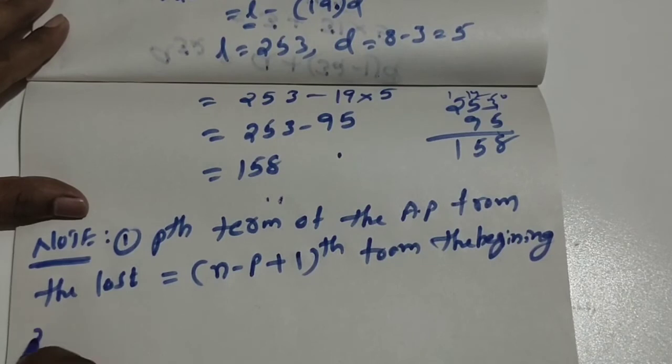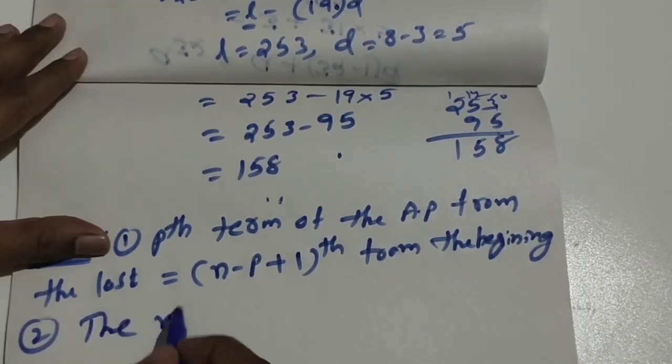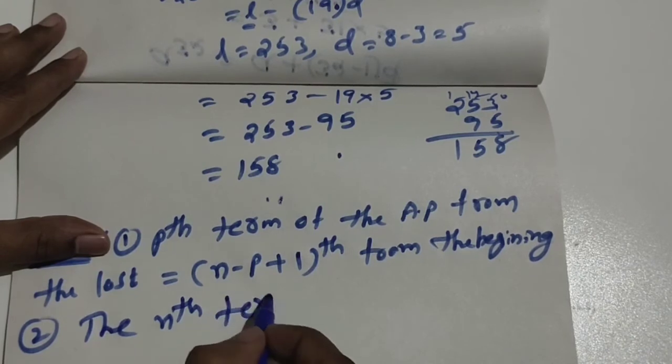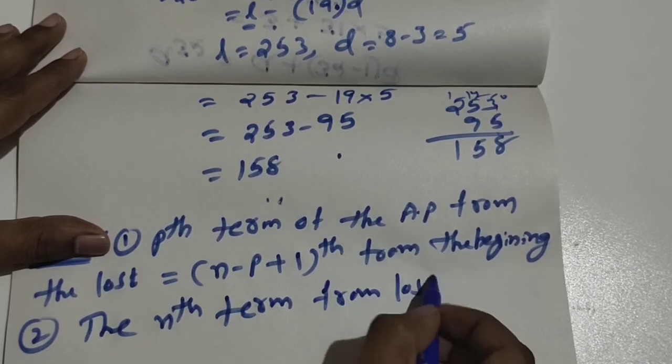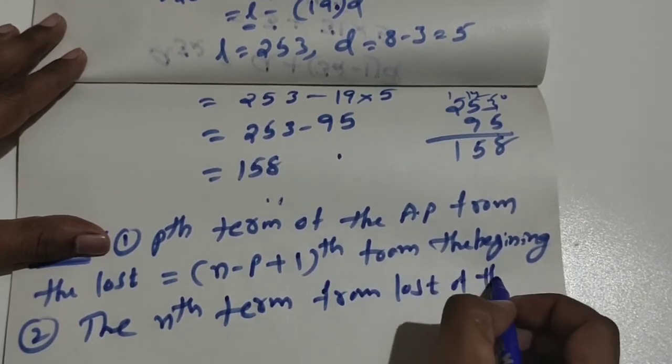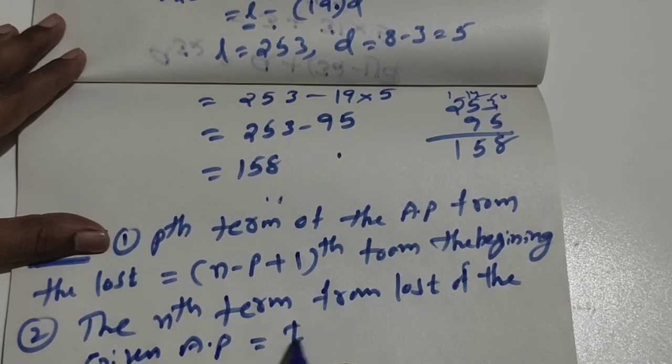Okay, and the second method formula, simply the nth term from last of the given AP. That is simply you can write here, and taking the nth term as Tn here.